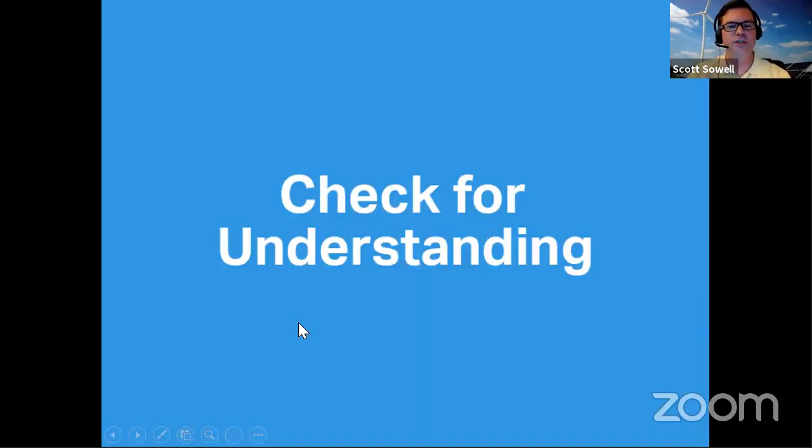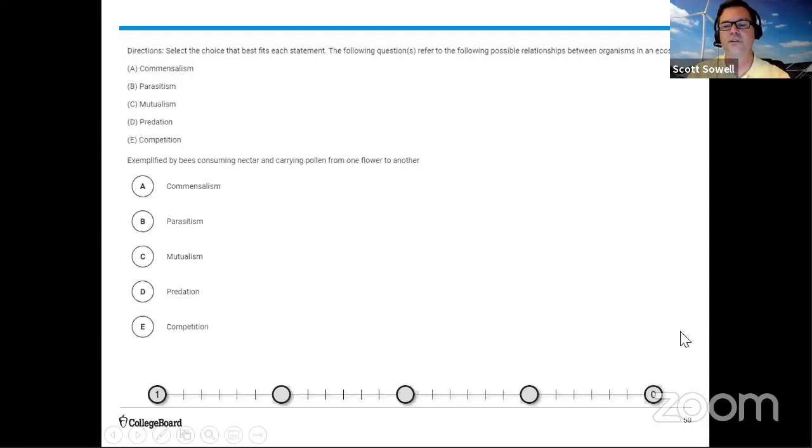All right, so let's do some checking for understanding. I'm going to give you 30 seconds to answer this question. Select the choice that best fits each statement. And so the statement says, it is exemplified by bees consuming nectar and carrying pollen from one flower to another. So take a few seconds and make your decision.